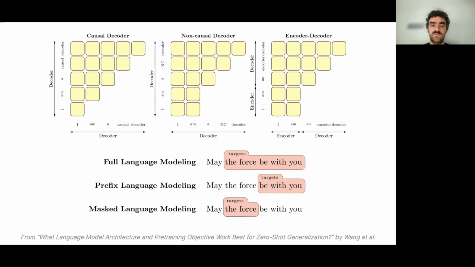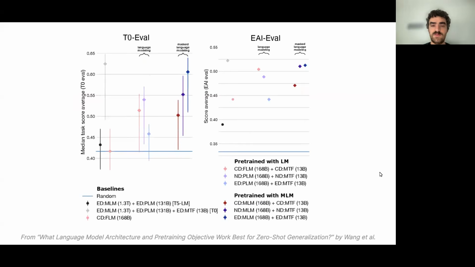So then the question becomes, which combinations of these architectures and objectives produce the best zero-shot generalization capabilities with or without multitask fine-tuning? So here are the results, and this is a big empirical work, so there's a lot to parse here, but I'll try to give a quick overview of it.